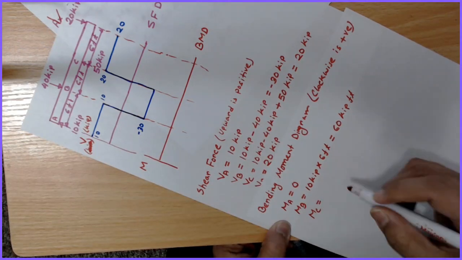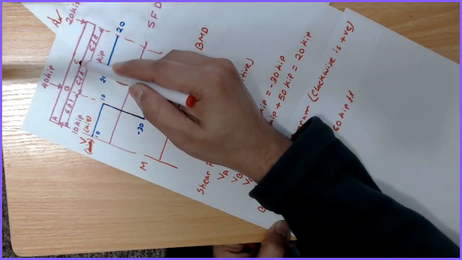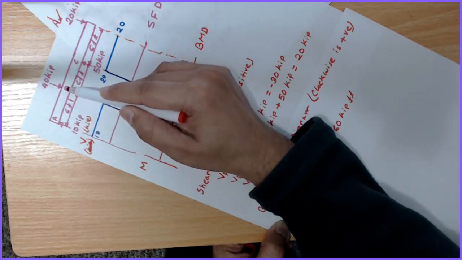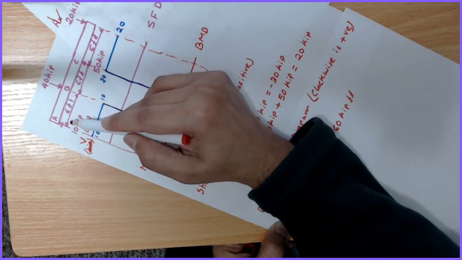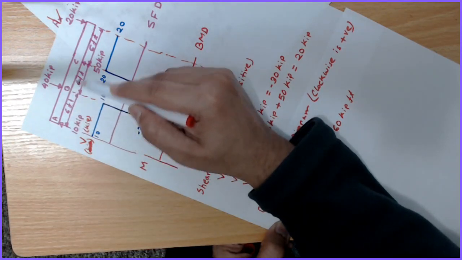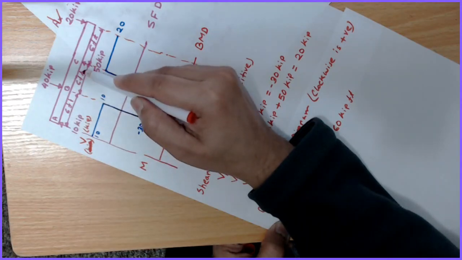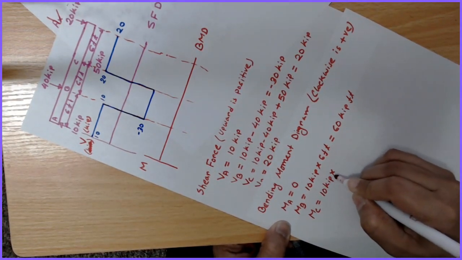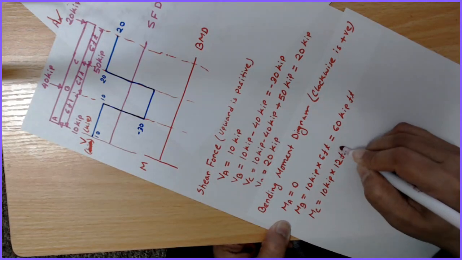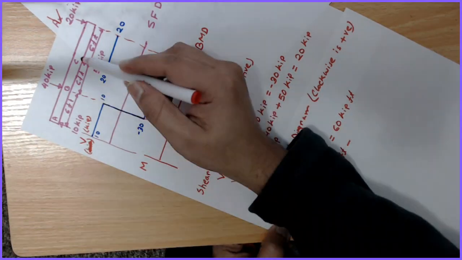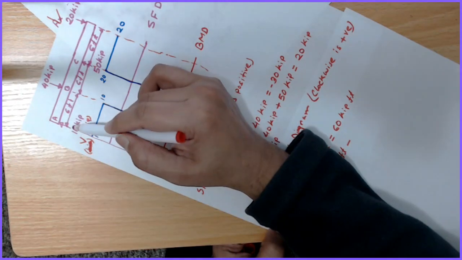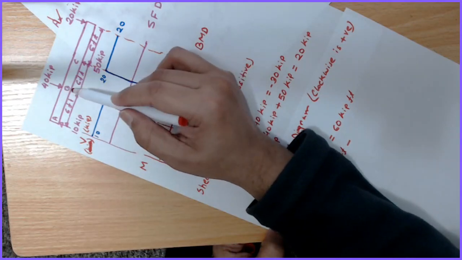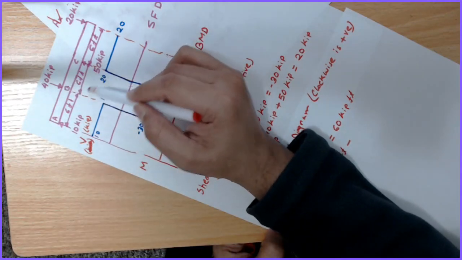And MC is equal to, so at this point there are two forces on the left side, one is 10 kips, another is 40 kips, and the 10 kips is actually 12 feet away from point C. So 10 kips multiplied by 12 feet minus, so this 10 kips actually creates the moment clockwise, and the 40 kips moment is anti-clockwise, so it's negative.